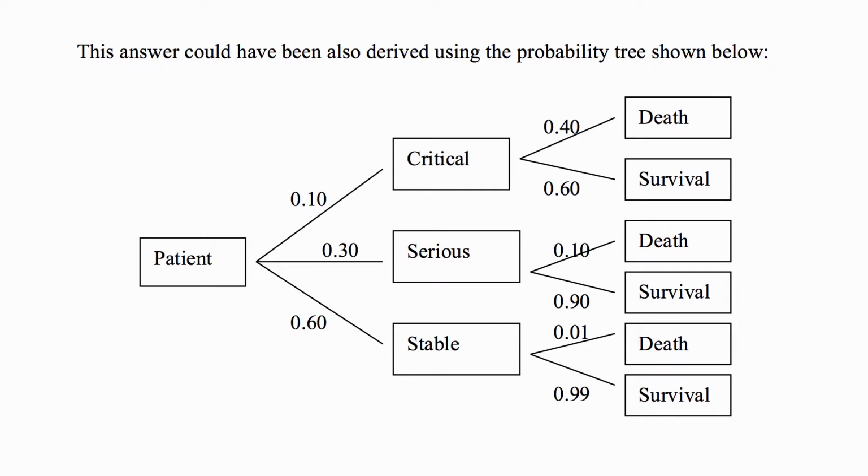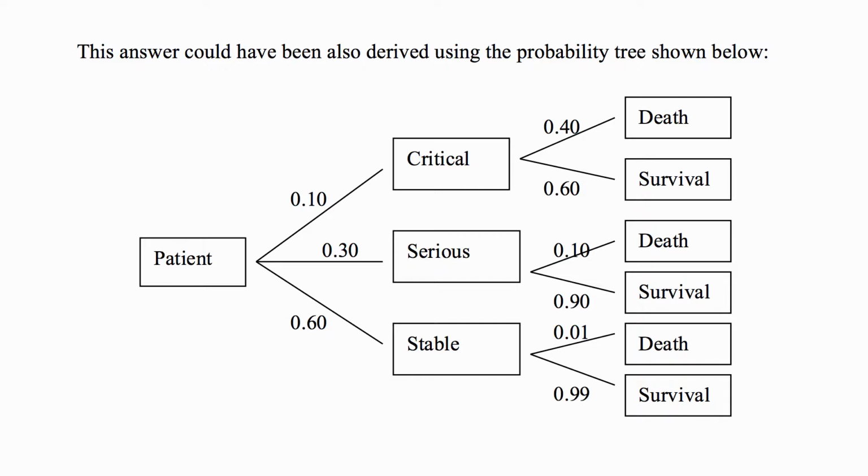And as always with the Bayes theorem, you can solve the problem by drawing this probability tree or diagram that tells the whole story. So the pieces of the partition of the probability space, the space of all patients, are critical patients, serious patients, and stable patients.